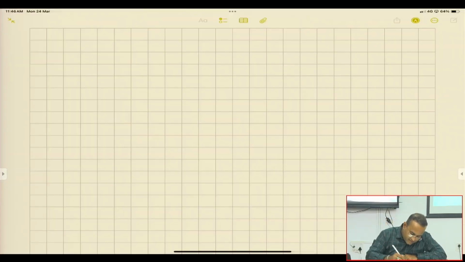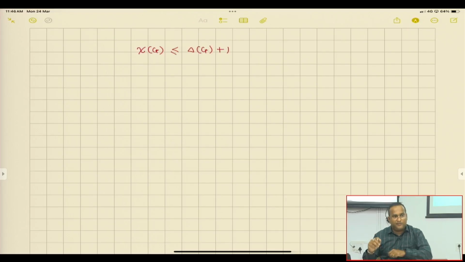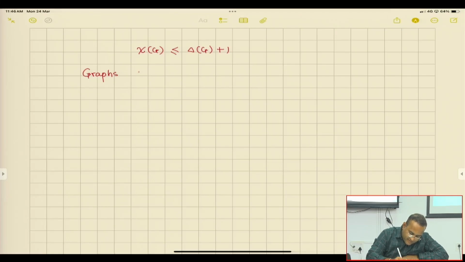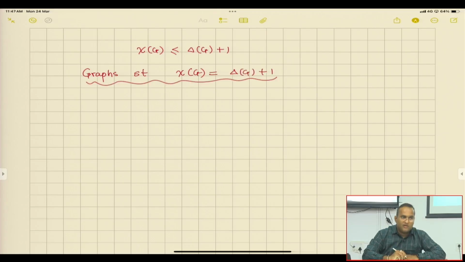The question is, already we have seen that chi G is at most delta G plus 1, right? And what are the graphs such that chi G is equal to delta G plus 1? Can you give some examples where chi G is equal to delta G plus 1?